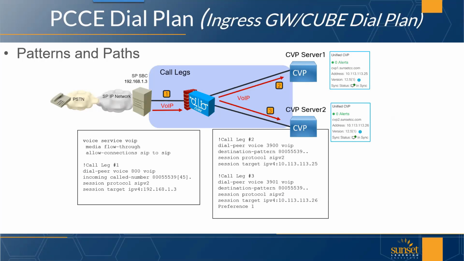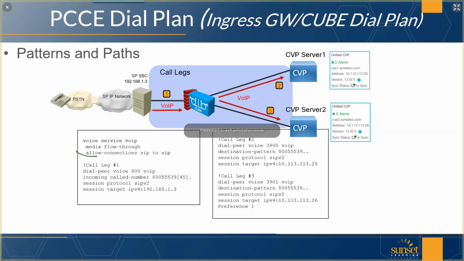The allow connections command, by the way, here is further confirmation that this is a CUBE, more so than just VoIP as the ingress and the egress, as we sometimes say, for this particular gateway. But call leg 1 is defining an incoming call number. Notice it's got a range of numbers.